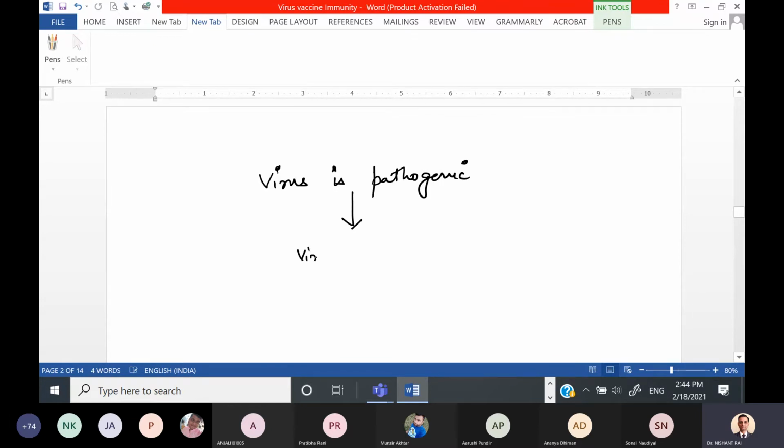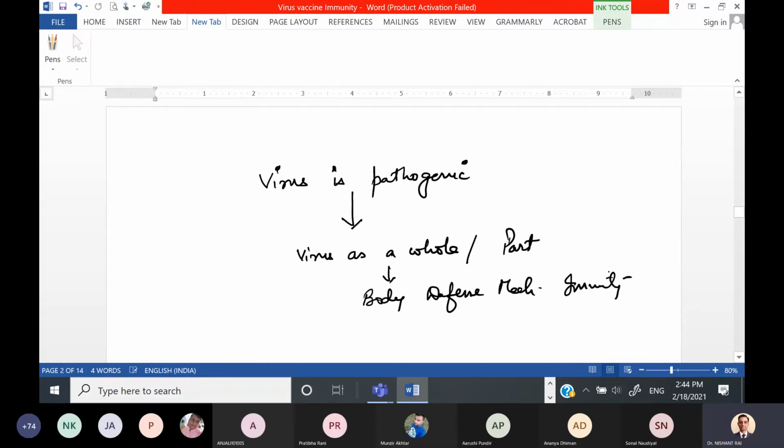this virus as a whole or its part can trigger the body defense mechanism. Means the virus as a whole or its part can induce the body defense mechanism or immunity condition.